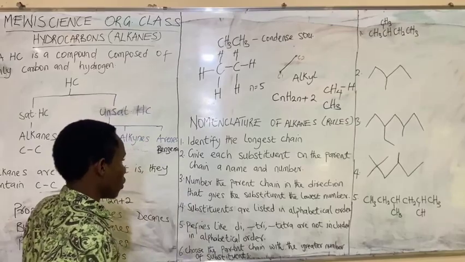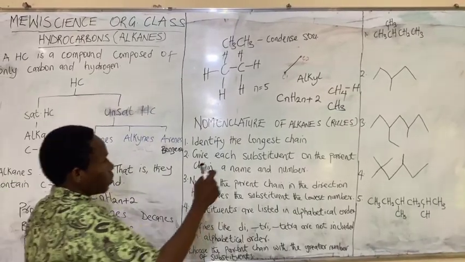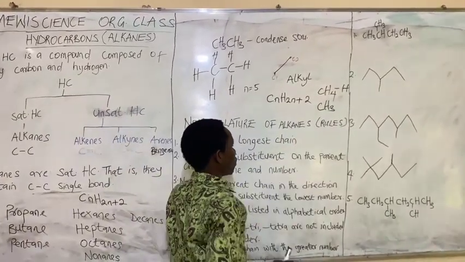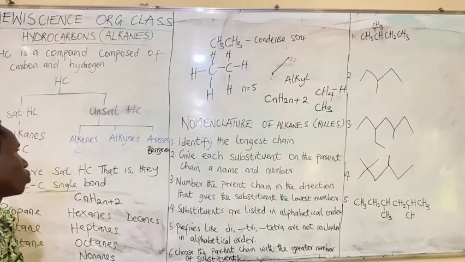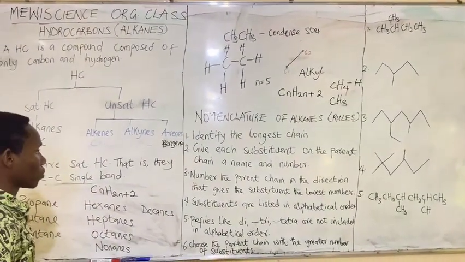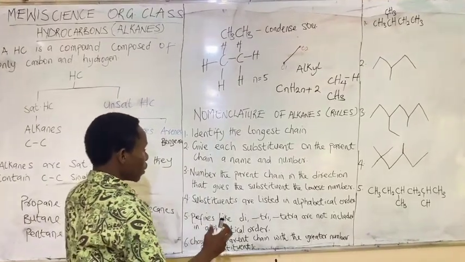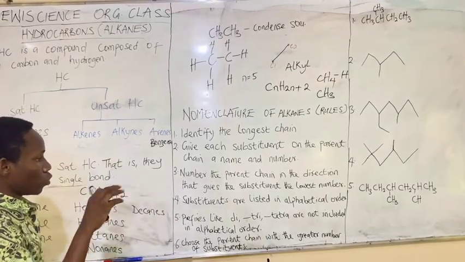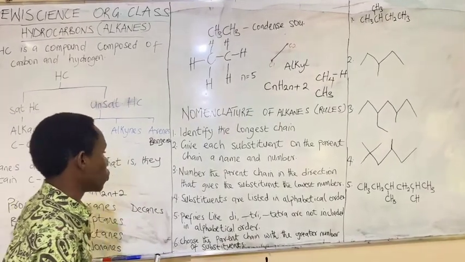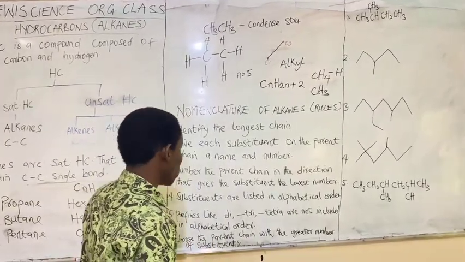We have to know this in our head because this is a substituent. It will help us when we start learning how to name organic compounds. Alright, these are the basic rules we should all know. It should be on our fingertips so that we can be able to name organic compounds.